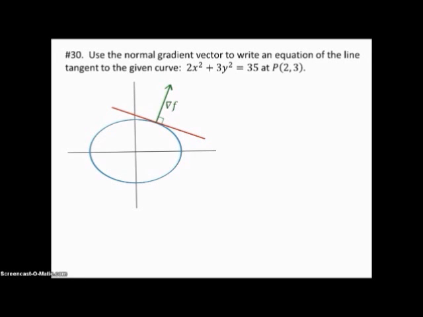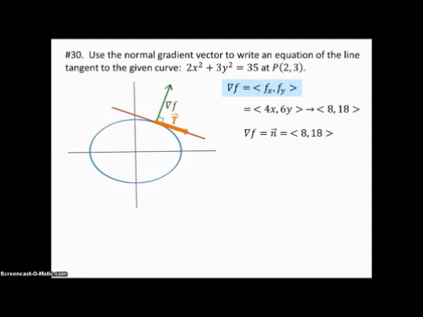And the gradient vector is perpendicular at the point 2, 3 to the tangent line and to the ellipse then. And the gradient vector has two components. This is like a level curve, you see. And the two components are 4x and 6y, which when we plug in our 2 and our 3, we get 8, 18.